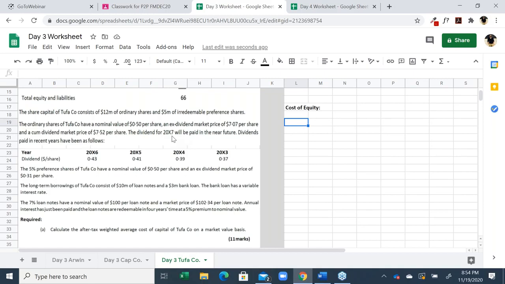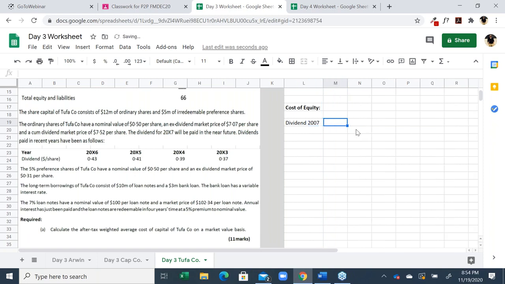For this, first of all, we need to calculate the dividend of 2007 because it's not given, and we must calculate it for the sake of calculating the growth. The dividend for 2007 will be calculated by taking the difference of the cum div share price and the ex div share price, because the difference between a cum dividend market price and ex dividend market price is the dividend for the year. So the share price with the dividend is 7.52.